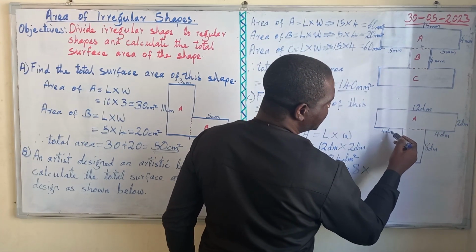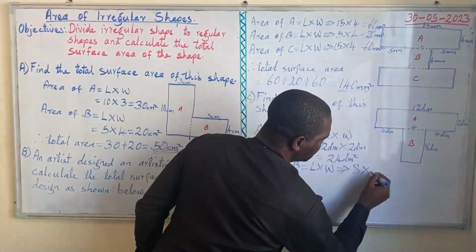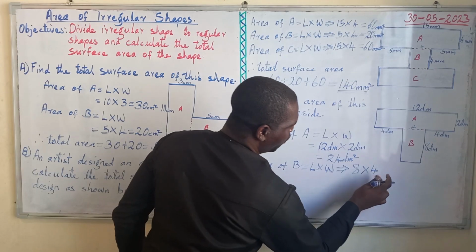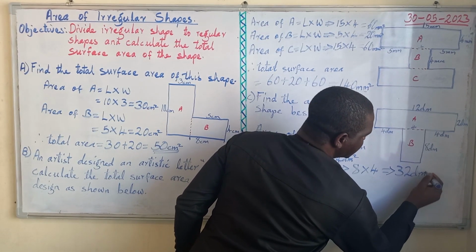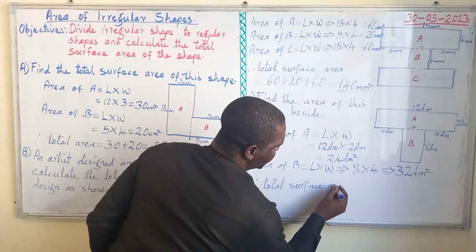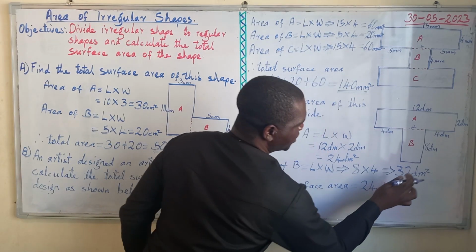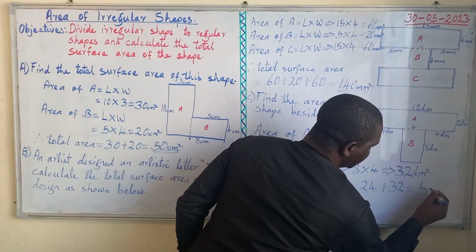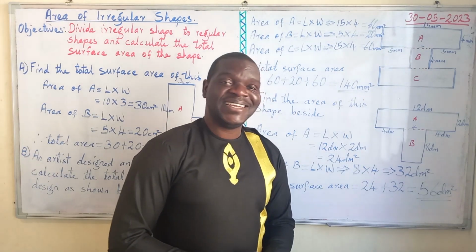That is 8 from 12, which is going to give us 4 here. So our width, or the shorter side, is going to be 4. 8 times 4 will give us a total of 32 decimeters square. Therefore, total surface area will be equal to this area, 24, plus this area, 32, which is equal to 56 decimeters square. And this is how simple it can be.